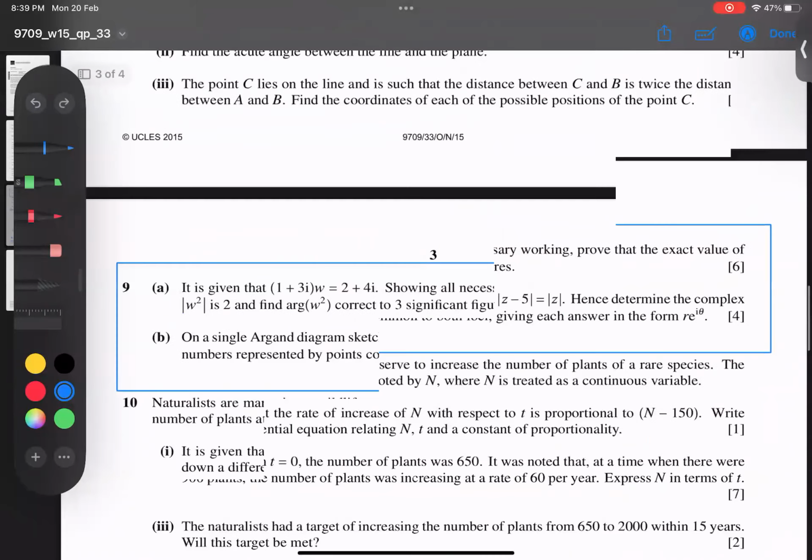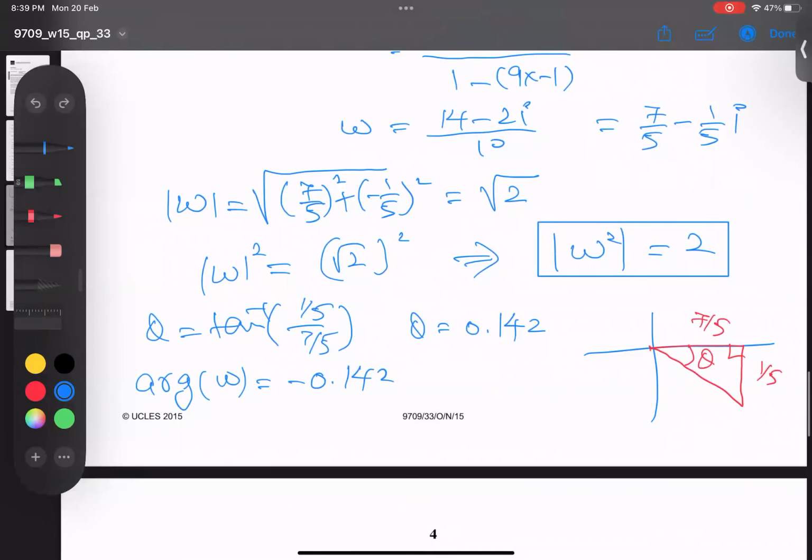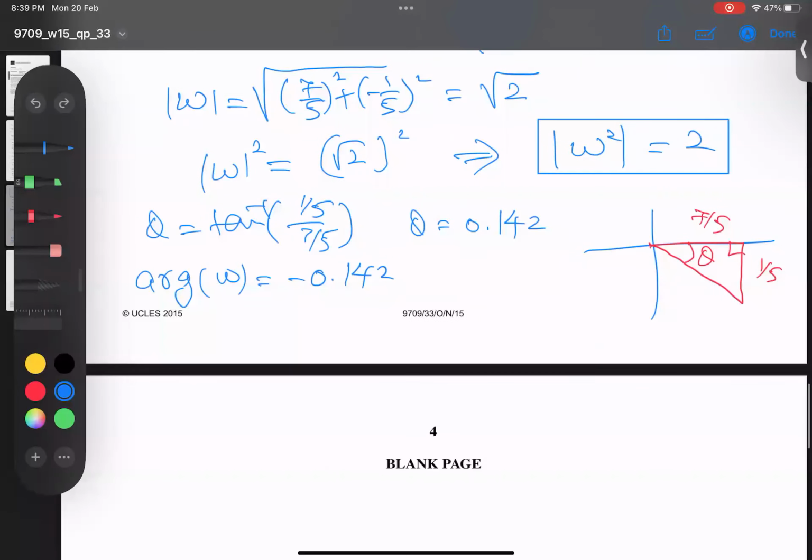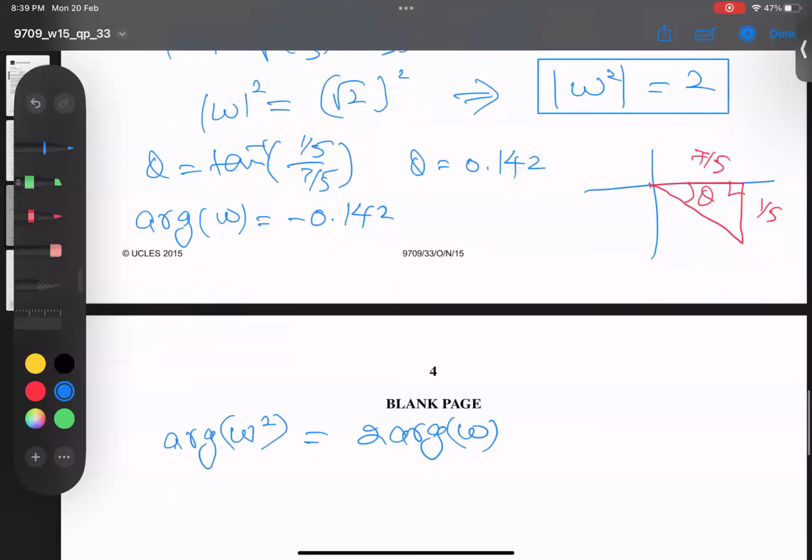Argument behaves the same like the logarithm property, that if I have a square inside, the square will come and multiply outside. For example, the argument of W square behaves like 2 times the argument of W. And for the argument of W, I have this, so just multiply with 2. Alhamdulillah Rabbil Alameen, I hope you got the point.